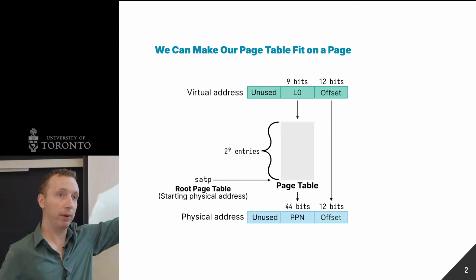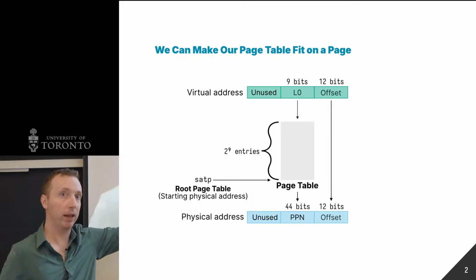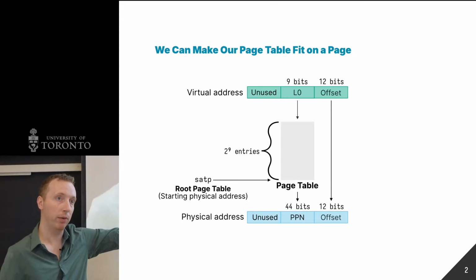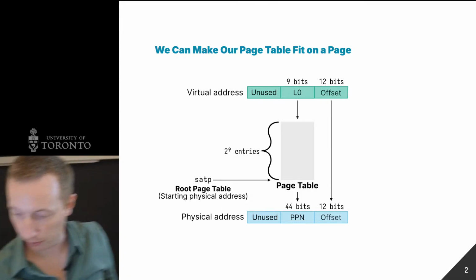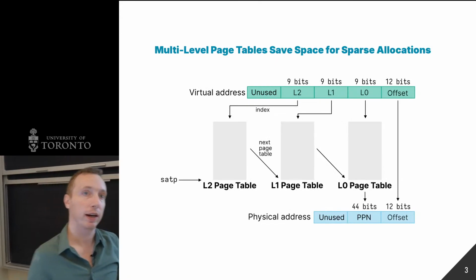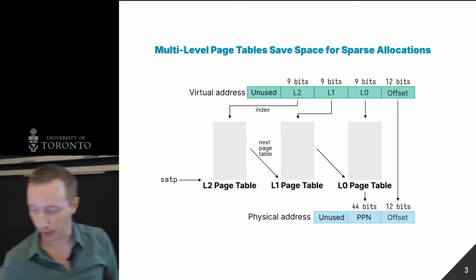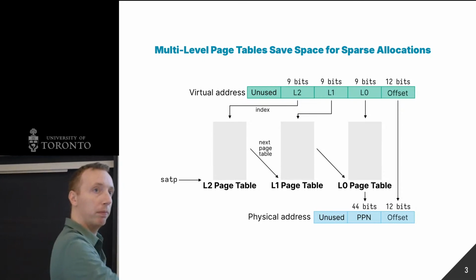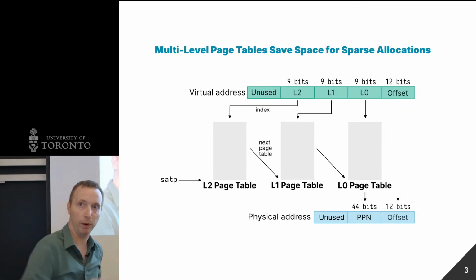Where each entry is a page table entry, which basically tells us what physical page we're accessing. So there's 512 entries here, and they each point to a page, and each L1 page table takes up a page.